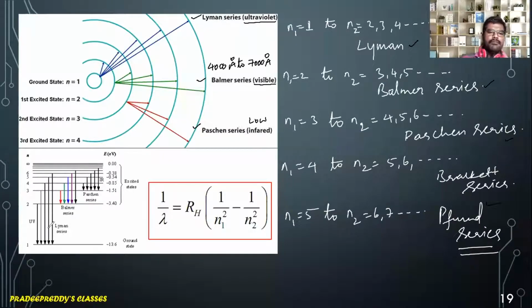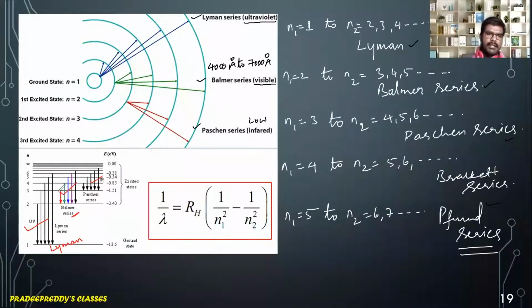Likewise, in the same way, from higher orbitals to n equal to 1. If an electron is undergoing a transition from any higher orbit to n equal to 1, then we call it Lyman series. Likewise, from a higher orbit, it may take a transition to n equal to 2, the second level. Then we call it Balmer series, and then Paschen series, and then Brackett and Pfund. In Balmer series, we are able to see multiple different wavelengths of visible light.